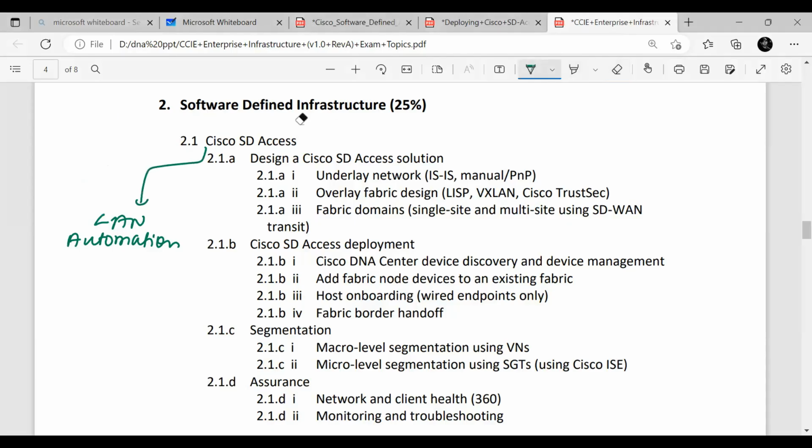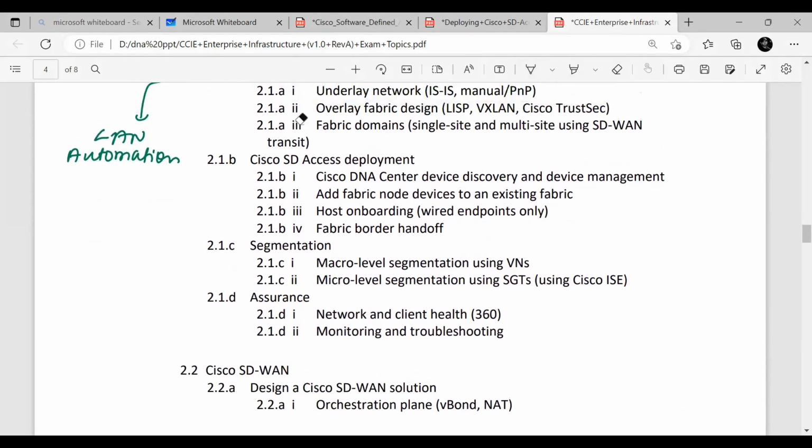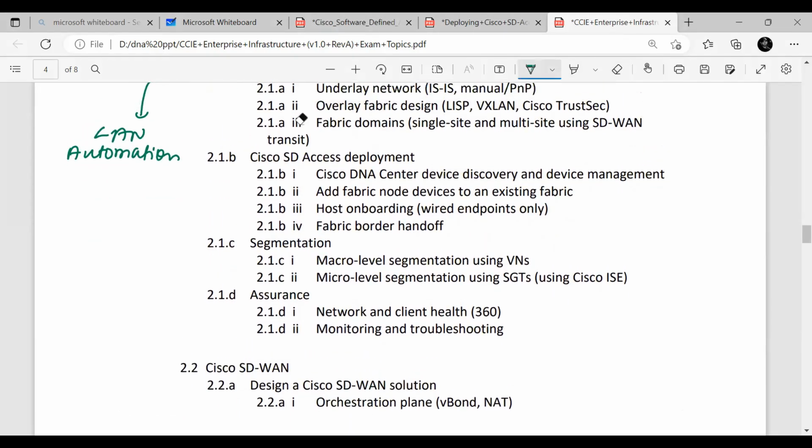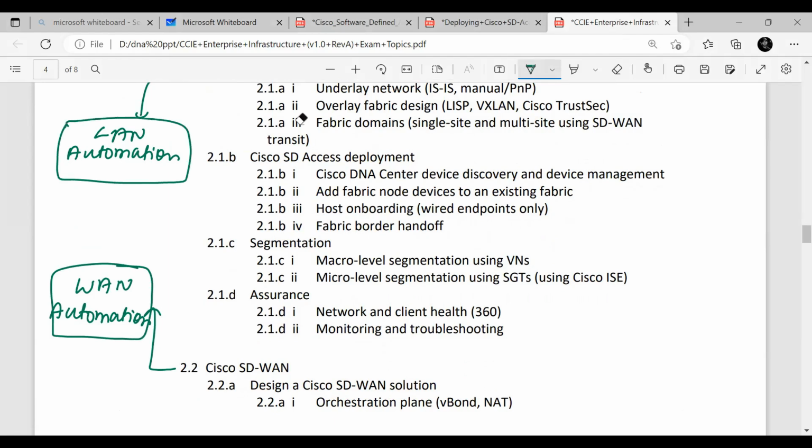And in section 2, we have SD-WAN as well, which is for WAN automation. I think you know about SD-Access and SD-WAN a little bit, not that much.